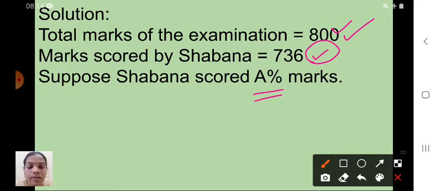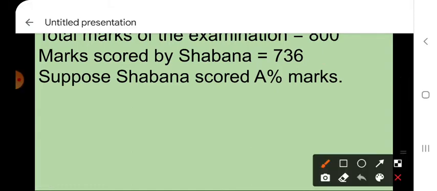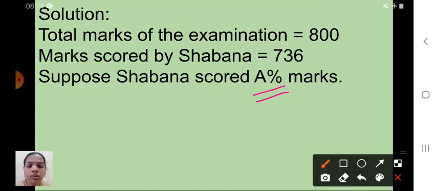Because we don't know the percentage, I have taken A as the percentage of marks that Shabana scored. A we have to find.